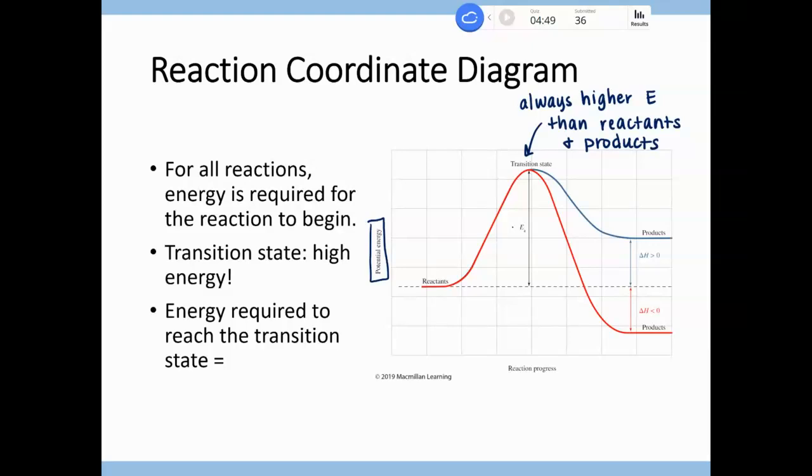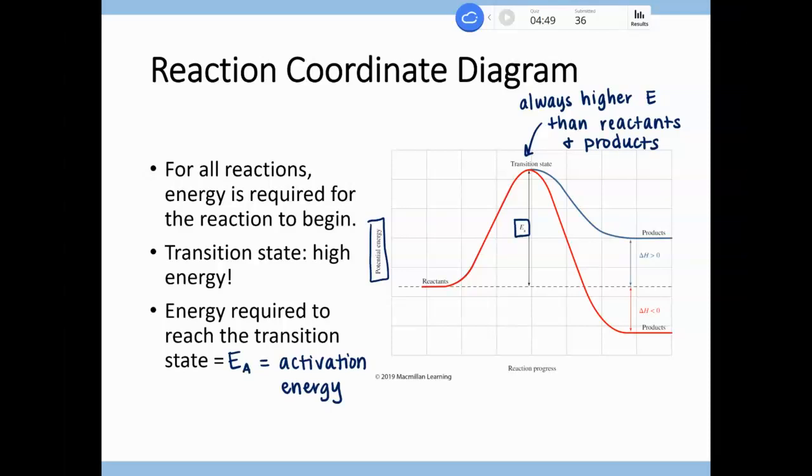This is activation energy. This is E subscript A. Energy required to reach the transition state. This is activation energy. Energy required to activate those reactants, make them ready to form the products.